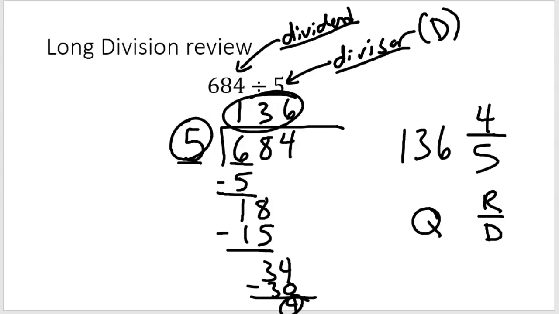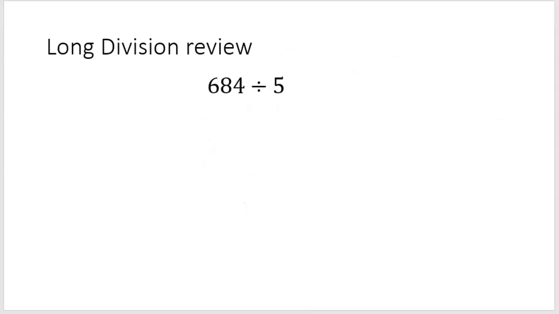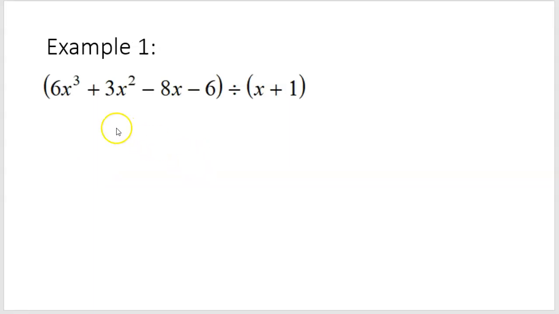And we're actually going to be doing something quite similar today. We're just going to be doing it with polynomials. So let's go ahead and jump in. You probably saw this in Algebra 2, but if not, you'll see it today. All right, let's begin here.